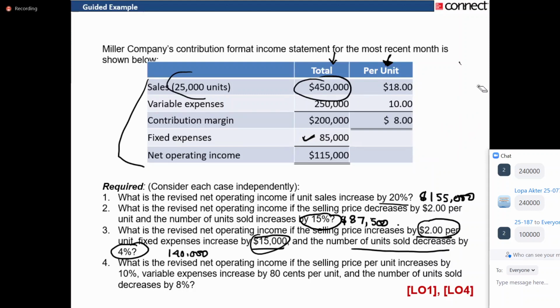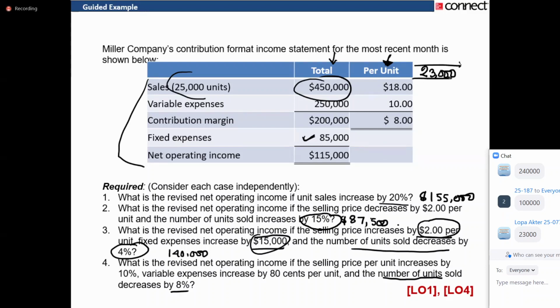It is asking that number of units sales will go down by 8%. Previously, when the number of units went down by 4%, it was 1,000 units less. Now, if it is 8%, it is 2,000 units less from the 25,000. So it is a 23,000 units case.